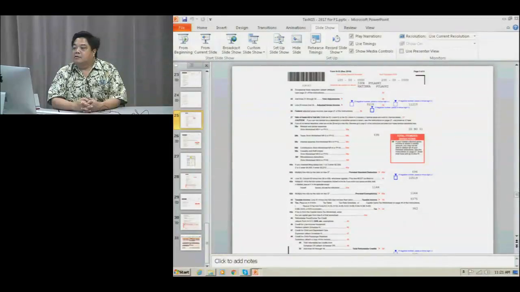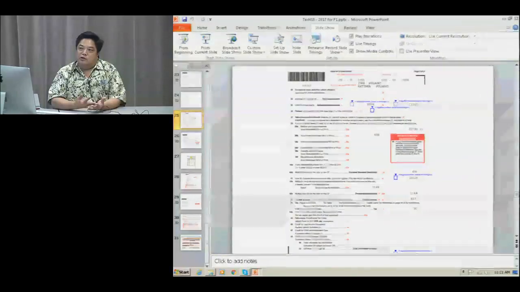That's the first thing you ask yourself: does the medical premium exceed 10% of my AGI, adjusted gross income? If you pay even 2,000 on your medical, you only can take the excess. So 2,000 minus 1,000, then you only can take 1,000. But if it's below 1,000, you get zero.